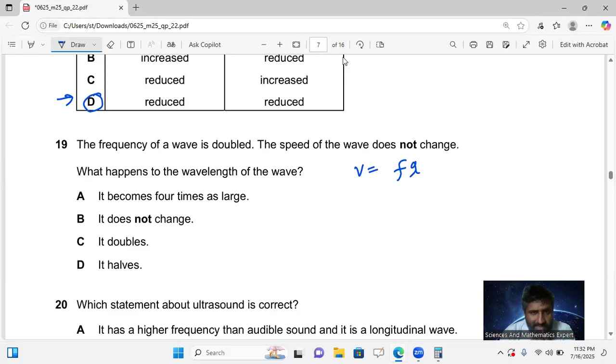Speed is constant. What happens to the wave? Frequency is doubled, means 2F lambda is equal to V. So if I make the original lambda the subject, then I say V constant over 2F. So it means it gets halved.